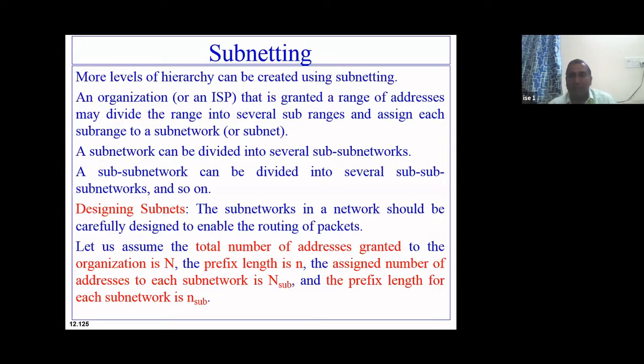Now 6 subnetworks can be designed in any form. Suppose the first subnetwork is given 10 network addresses. The second one is given 6, so total 16 out of 32 has become. The third subnet has been given 4, so this becomes 20.